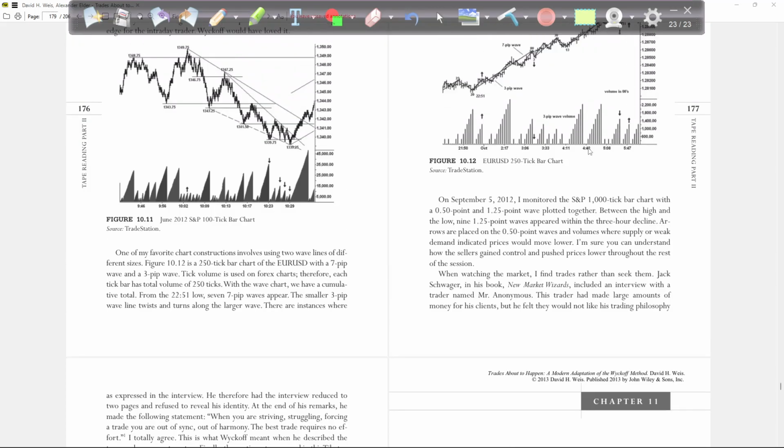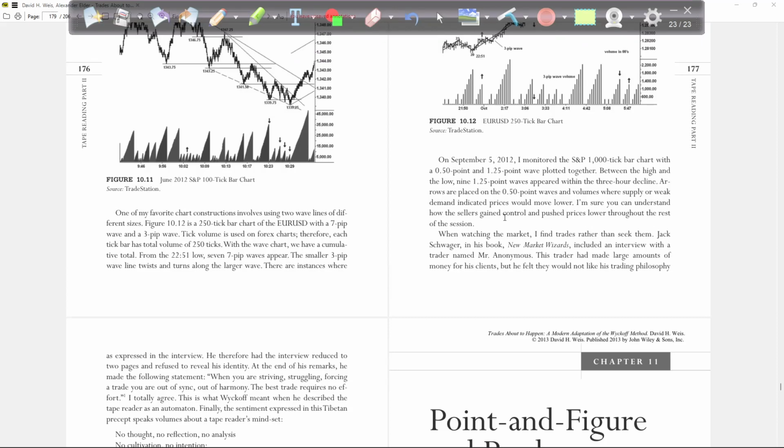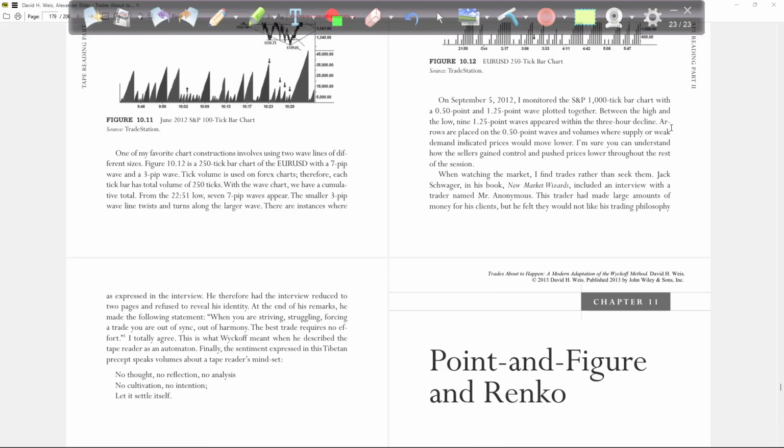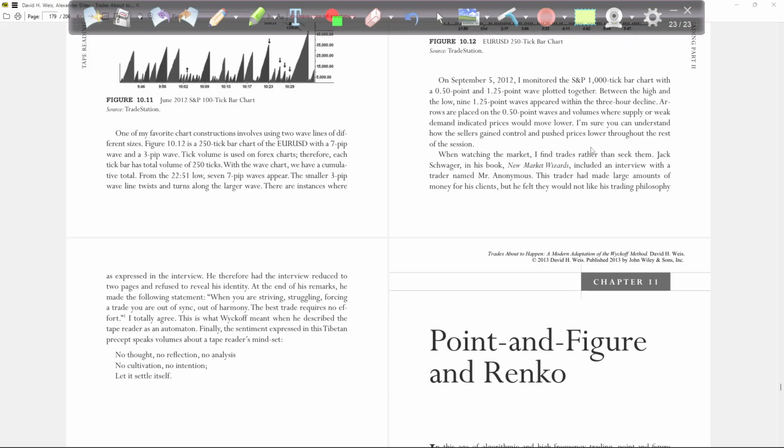Arrows are placed on the 0.50 point waves and volumes where supply or weak demand indicated prices would move lower. I'm sure you can understand how the sellers gained control and pushed prices lower throughout the rest of the session.